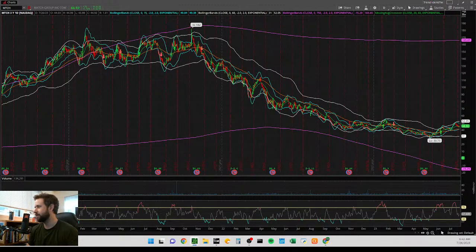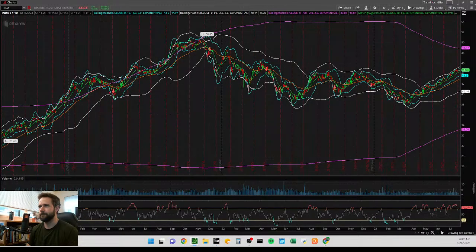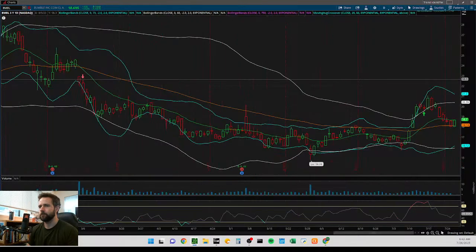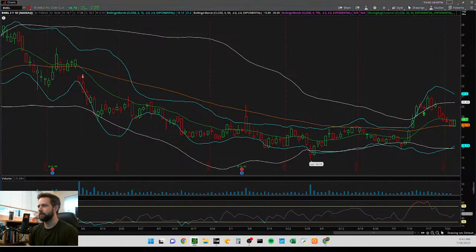I'm gonna trim. I'm gonna hold on to Bumble and Match a little longer. So I've trimmed my position here, but I'm gonna hold it.